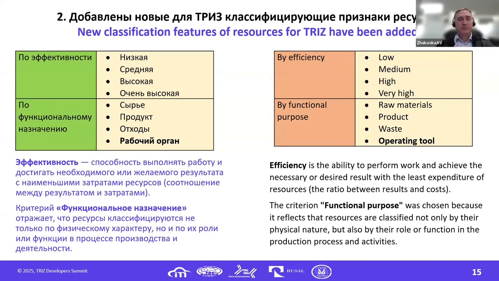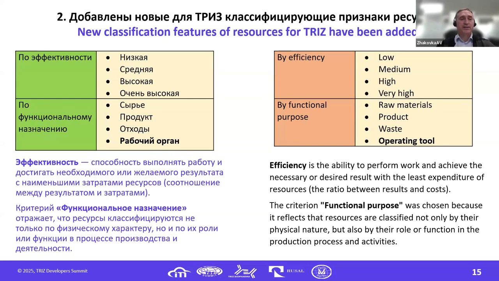New classification features of resources have been added: efficiency, meaning the ability to perform work and achieve the desired result with the least expenditure of resources, the ratio between results and cost. We have low, medium, high, and very high efficiency levels.